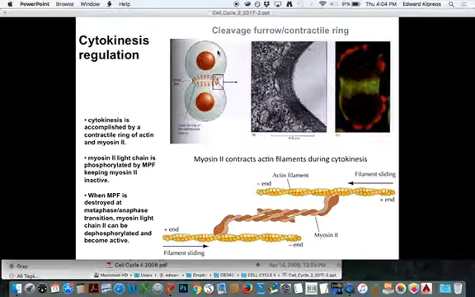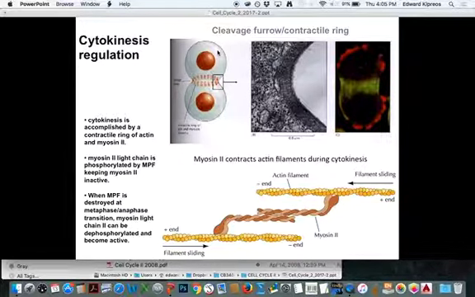So basically, when the cell divides, it leaves behind a residual body that has the contractile actin in it. It doesn't end up in either cell.